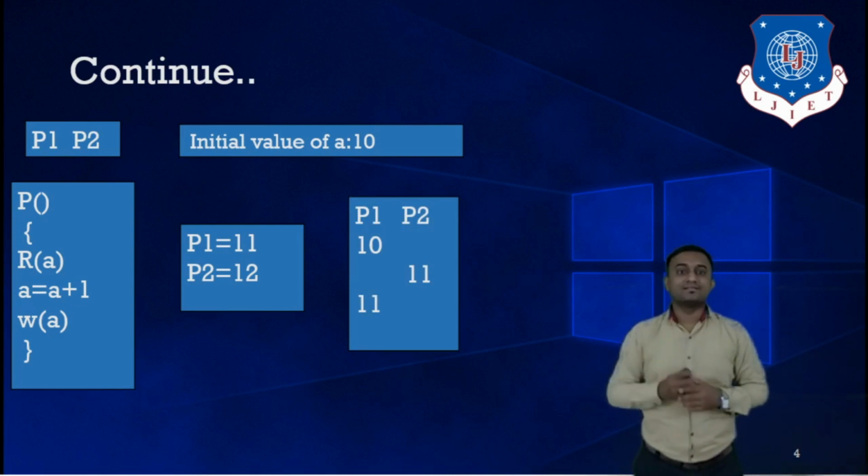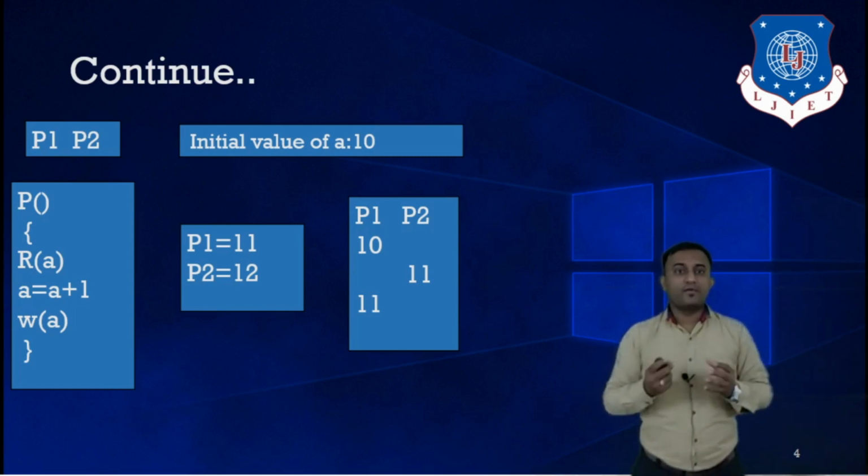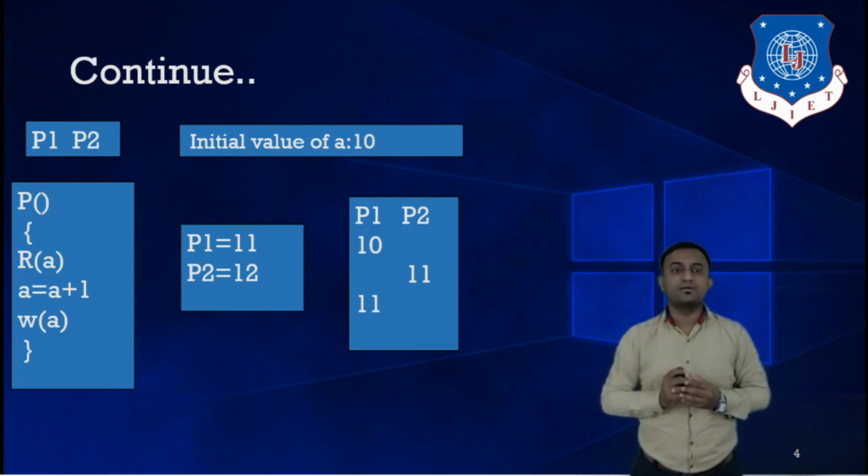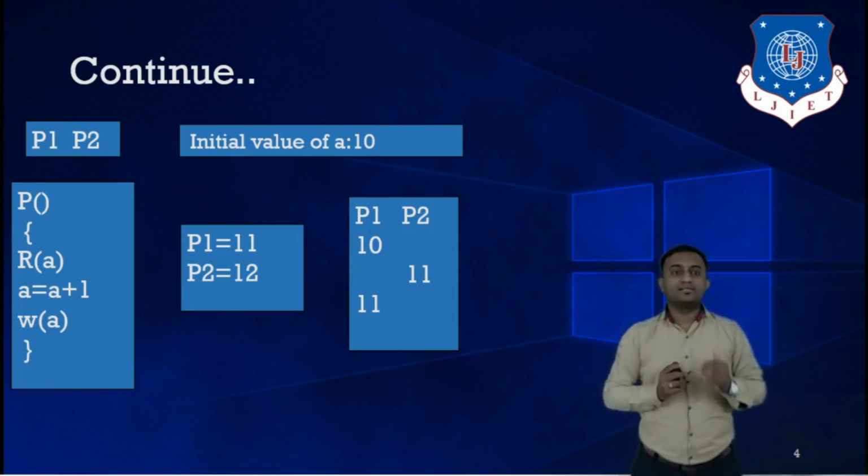How? Let us discuss. Suppose, in a multi-programming operating system in which more than one process is ready for execution, there would definitely be context switching. Say P1 starts its execution and reads the first instruction of this program, which is read of A. What is the initial value of A? 10, so it will be read by P1.